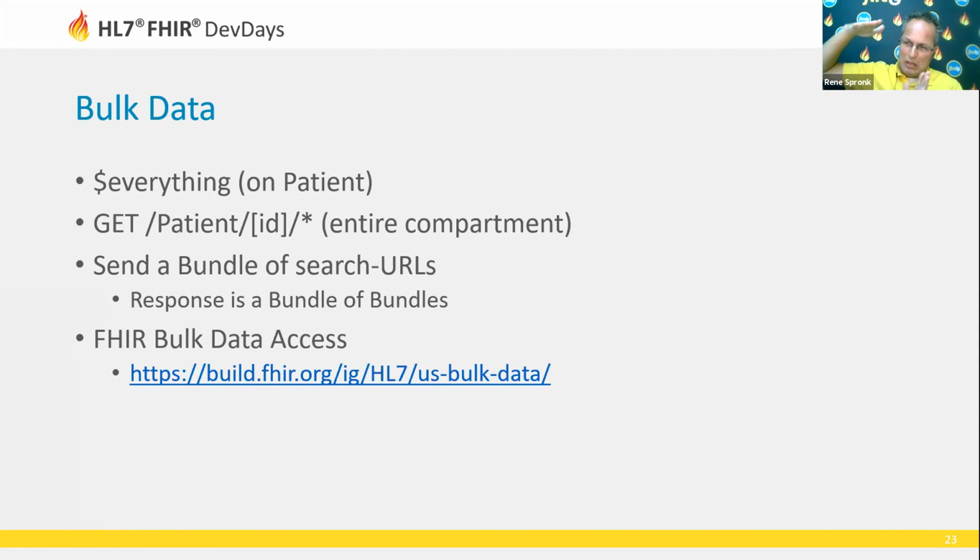That can be sent to a server, and the server could execute them in parallel if it has such optimization features, and then return a bundle of bundles, a bundle that contains multiple response bundles back to you. That could effectively be the scope of the entire electronic healthcare record. Or if you want to do this for loads of patients and not just for one single patient, then there's a separate implementation guide for bulk data access, for the bulk data exchange of heaps of FHIR resources between systems.